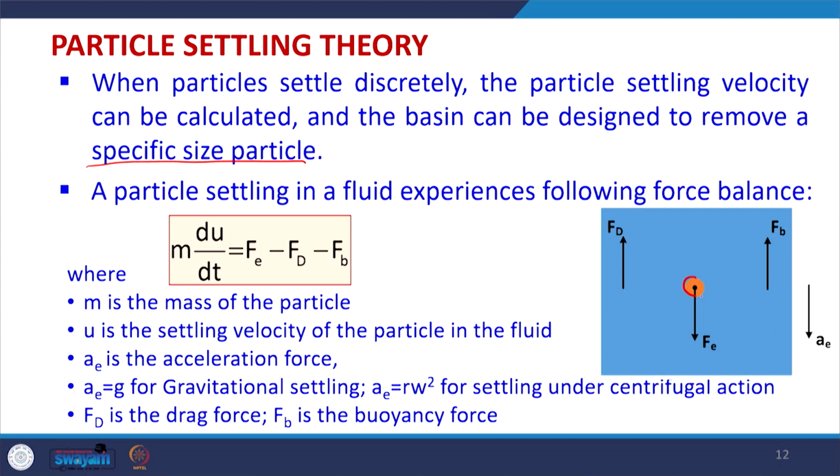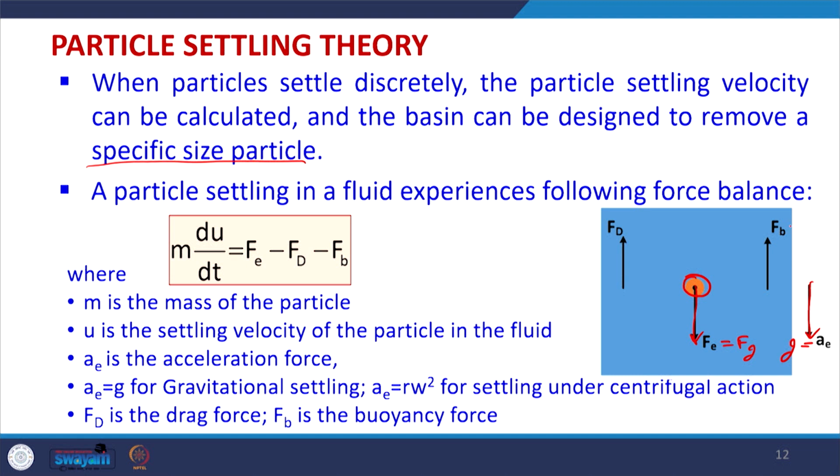So, this is the particle which is settling down. Suppose it is settling down to the bottom, so it will experience a force in the same direction, which we label as Fe, suppose equal to the force of gravity. So, this is actually Fg, the force of gravity. Now, since the particle is settling down, there will be a buoyancy force which is opposite to the settling.